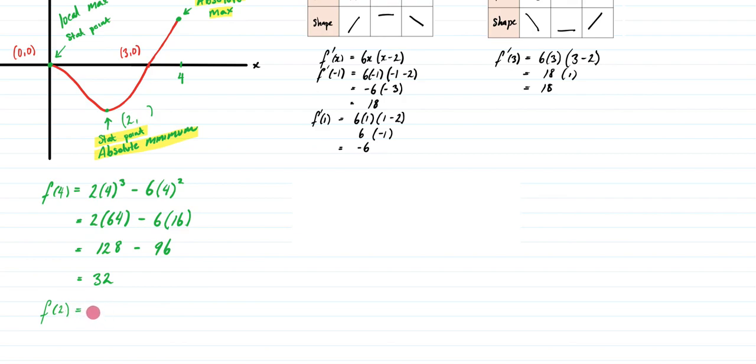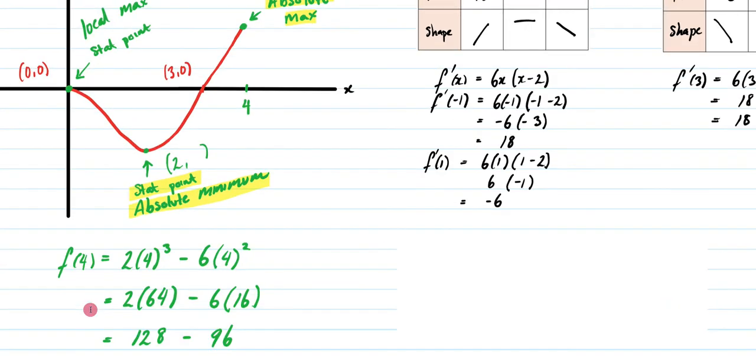So f of 2 is going to be 2 cubed minus 6 2 squared, which is going to be, let's zoom in here.